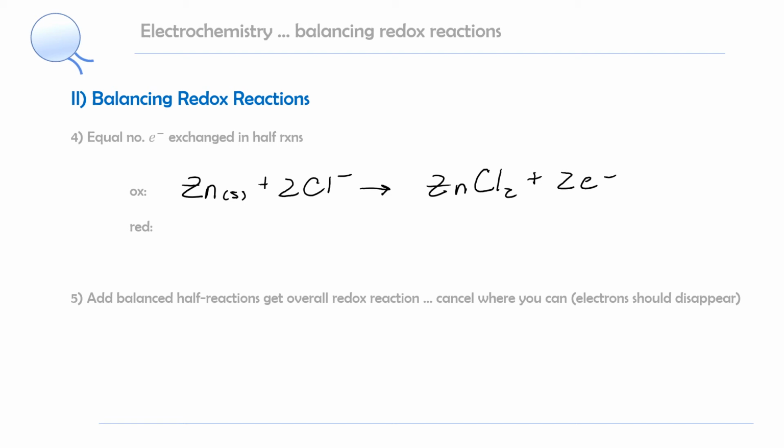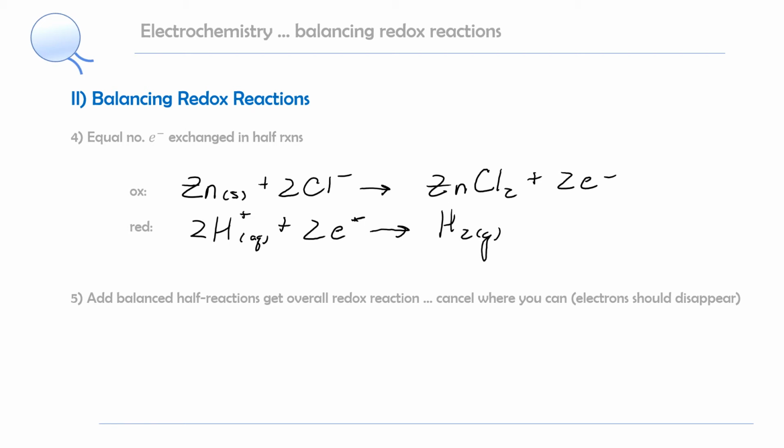That's our half reaction thus far. For the reduction half reaction, we had 2 hydrogen ions, aqueous, gaining 2 electrons, forming H2 gas.